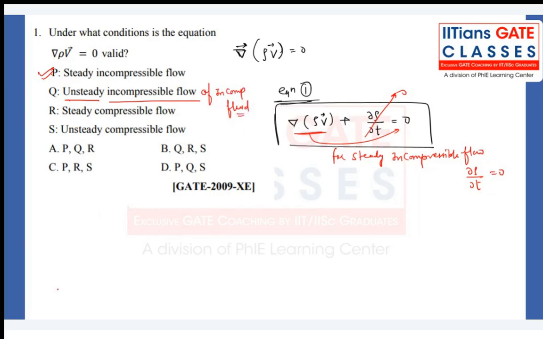You have to assume, I will discuss one scenario where incompressible flow can be of both compressible fluid and incompressible fluid. But for the question mentioned in the GATE exam, they intentionally want us to think of incompressible flow of incompressible fluid. In that case, density will be constant.